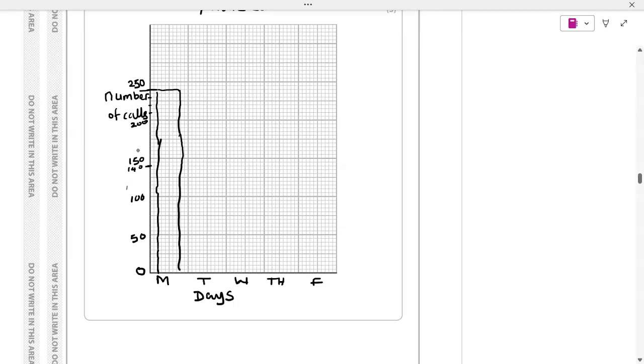So we go to where Tuesday is, and draw the bar up and down. Remember to use a ruler. And we do the same to the other side. Make sure that your bars are of the same width.